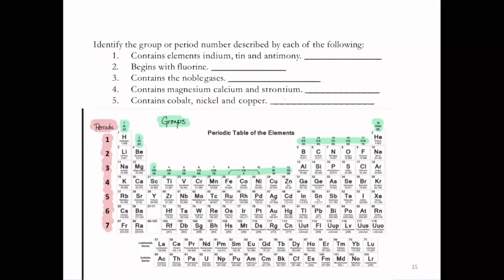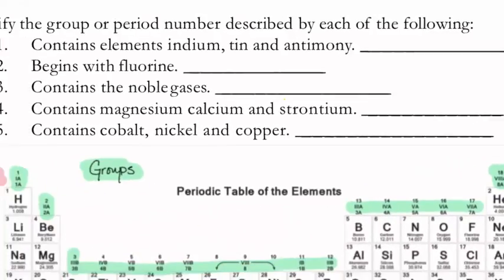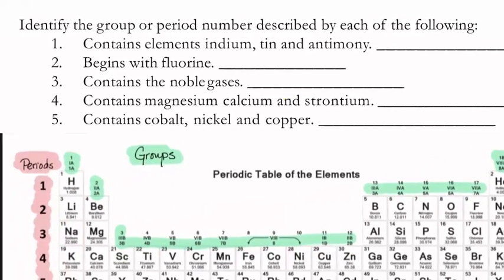Number 1 says it contains the elements indium, tin, and antimony. I know that students in chemistry 112 have different backgrounds, but to guide you through this: indium is In, tin is Sn, antimony is Sb.